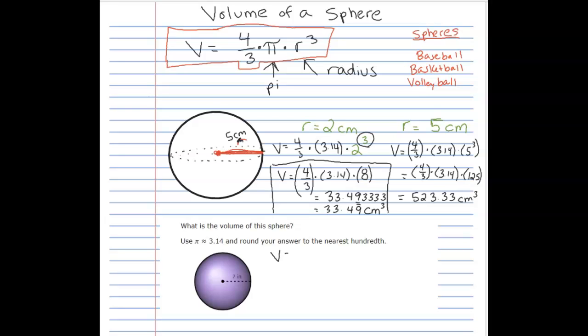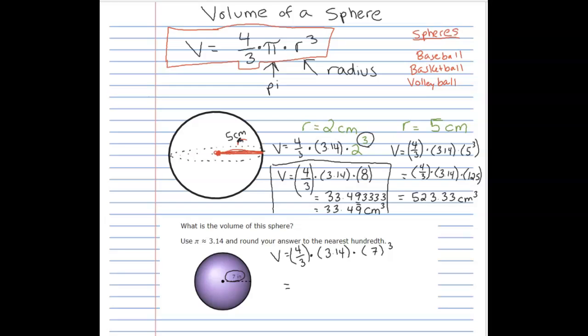First thing, 4 over 3 times, again parentheses, 3.14 times our radius. In this case, our radius is given to us as 7 to the third. If you guys are feeling gutsy, put all this in your calculator.